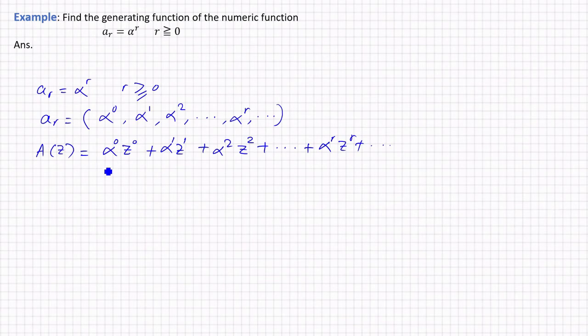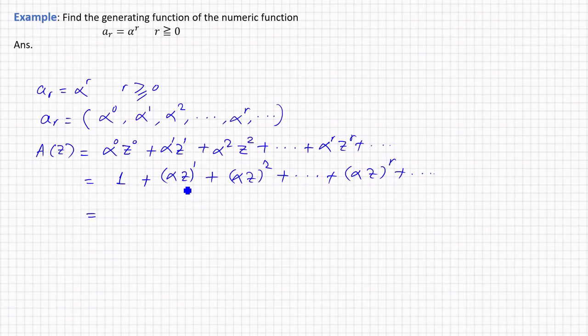Okay, so this one is nothing but 1 plus (alpha z) to the power 1 plus (alpha z) to the power 2 plus (alpha z) to the power r plus and so on.